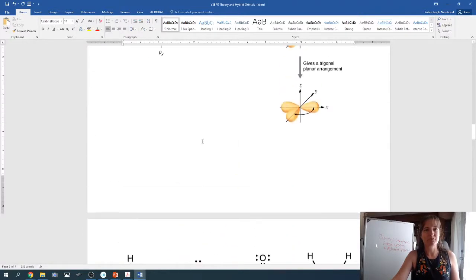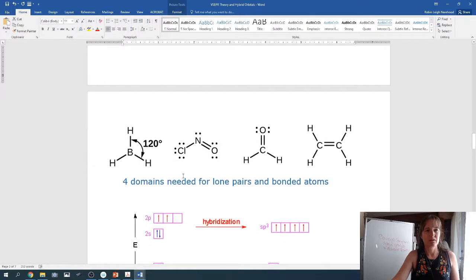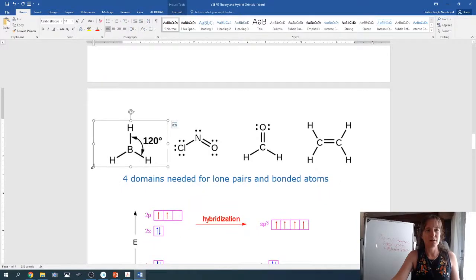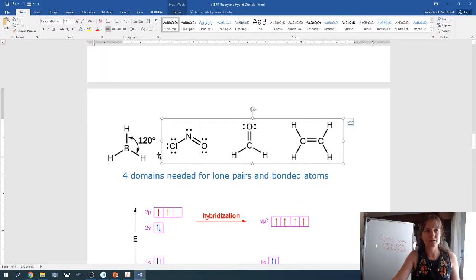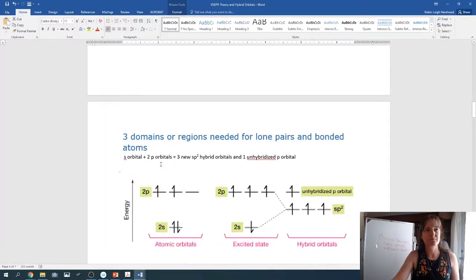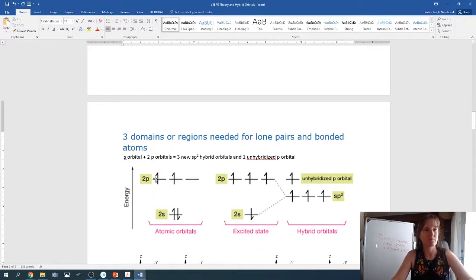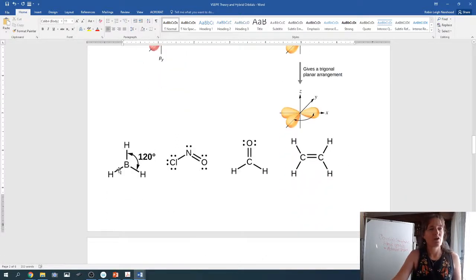Some examples of substances that have 3 domains. We have this boron with 3 hydrogens on it, and so the number of atoms that are connected to boron is 3, and so it would need 3 orbitals.